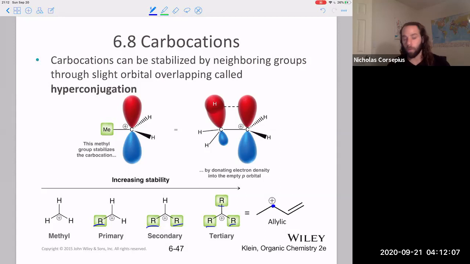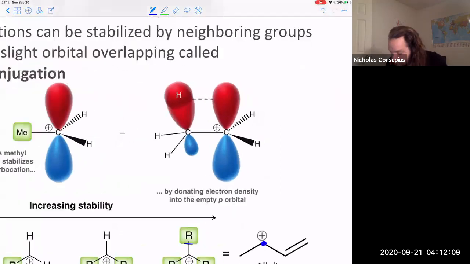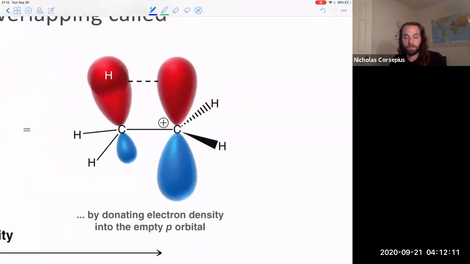The bonding orbital of a carbon-hydrogen bond, imaged here, is overlapping with the empty p orbital in a carbocation in such a way that stabilizes that p orbital.